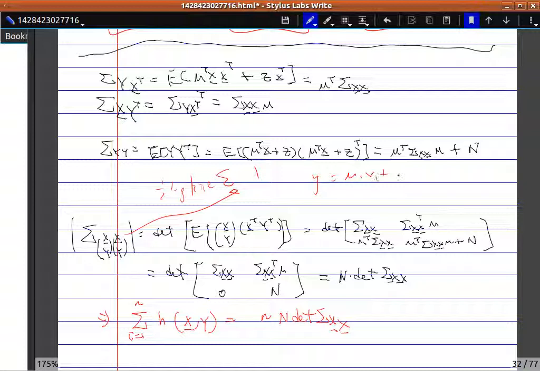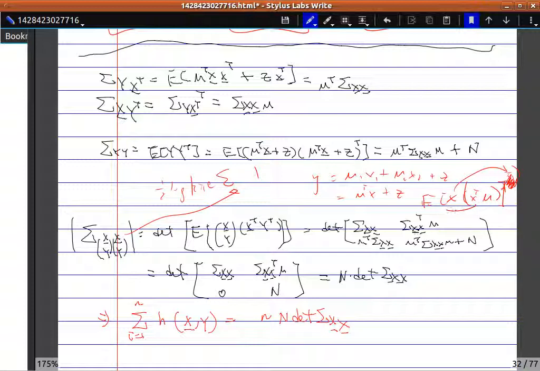Remember y is equal to mu1 x1 plus mu2 x2 plus c, or you can write it as mu transpose x plus c. Then therefore, what we have here is basically the expectation of x times y transpose, that is x times (x transpose mu plus c transpose), and c is independent of x, so this term gets zeroed out and only this is left.